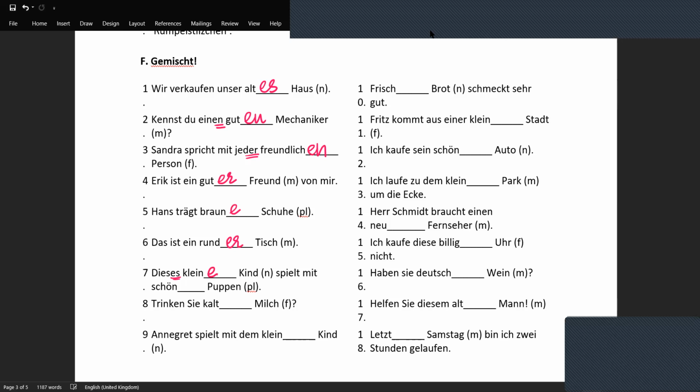Trinken Sie kalter Milch. What about this blank here? Kalte Milch, sorry. Ja. Spielt mit schönen Puppen. Yeah.